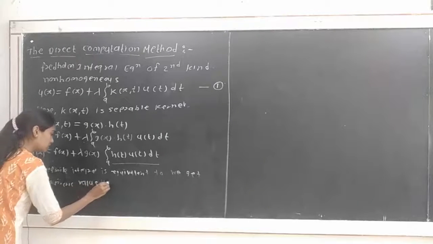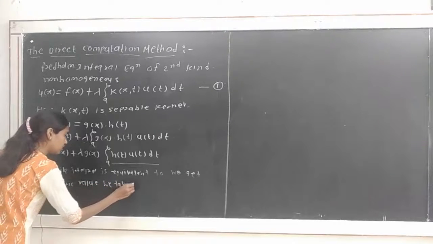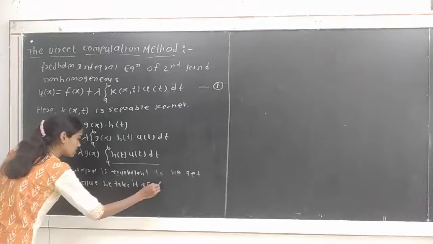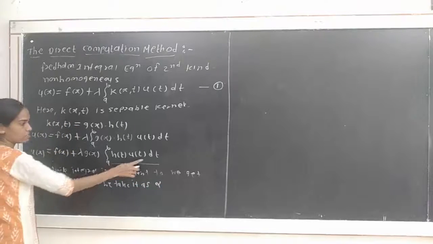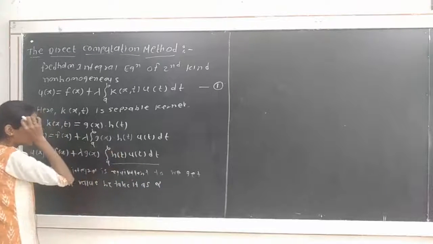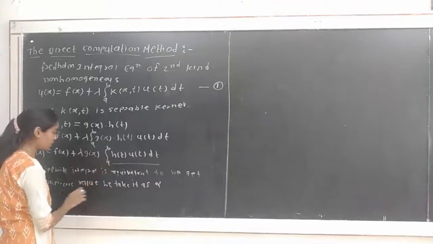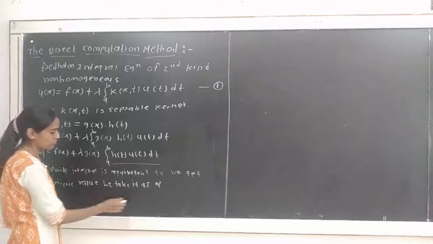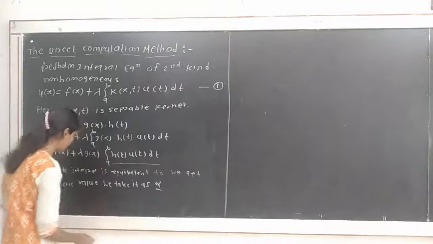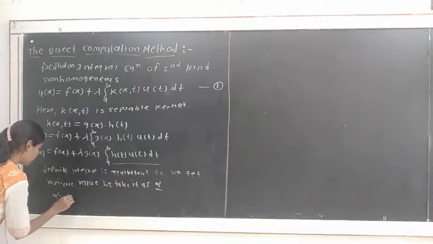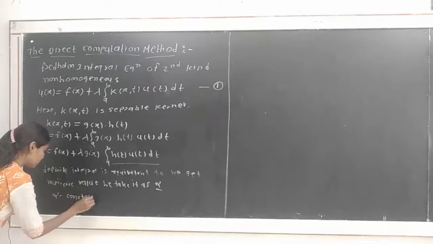We take it as alpha. Since it depends only on t, the definite integral value will be a numerical value, so alpha will be a constant.